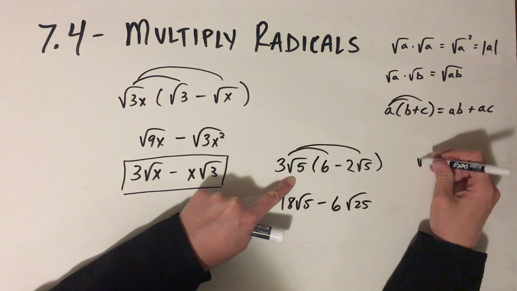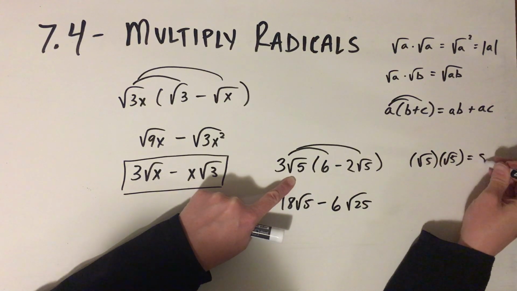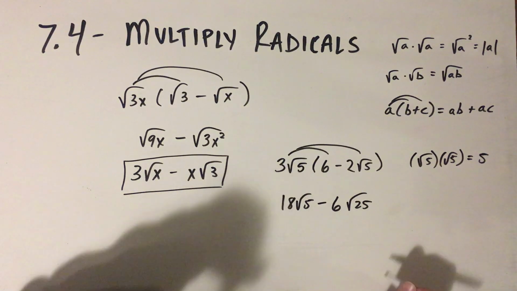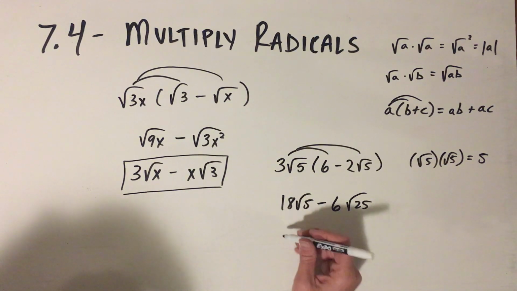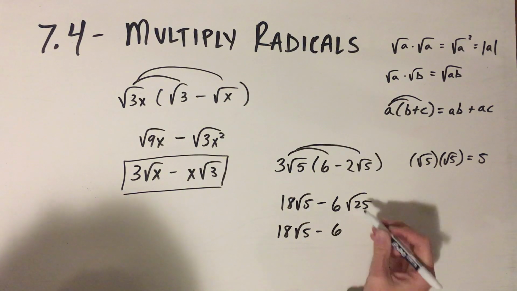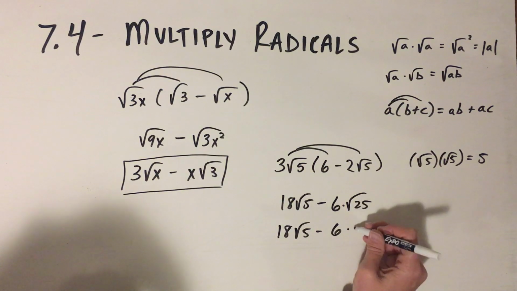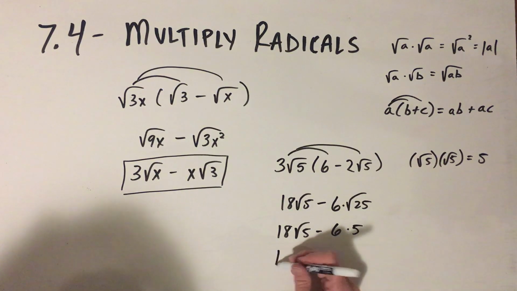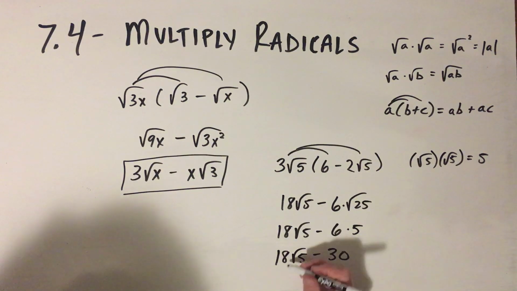So in other words, the square root of 5 times the square root of 5 is just 5. Okay, so this square root of 25 can be simplified, so we get 18 square roots of 5 minus 6. Well, the square root of 25 is just 5, and the relationship here, again, is this multiplication. So we would have 18 square roots of 5 minus 30.